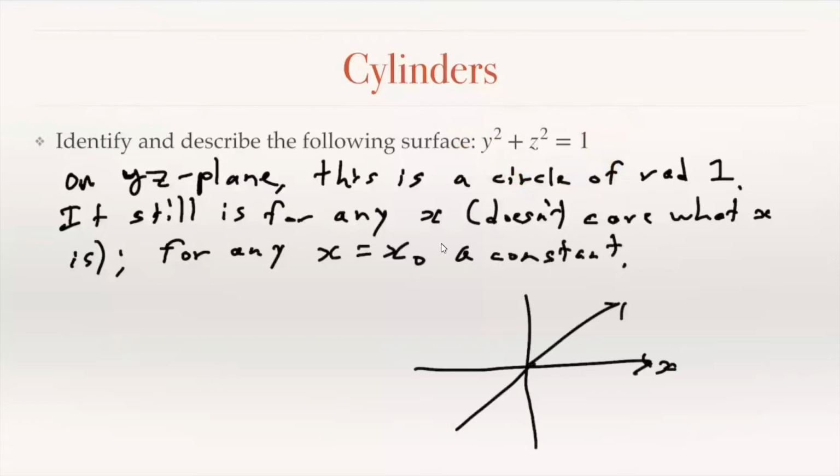So on our x, y, z axes, this is a circle of radius 1 on the yz plane. So like that.